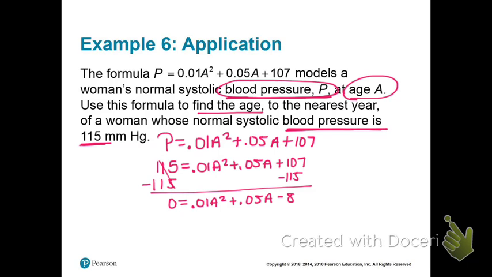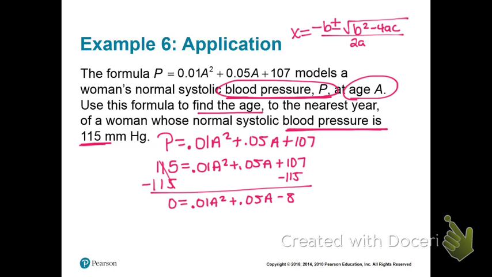And so, what is the quadratic formula again? All right, so x equals negative b plus or minus the square root of b squared minus 4ac, all over 2a, right? The only thing is I'm not really solving for x.